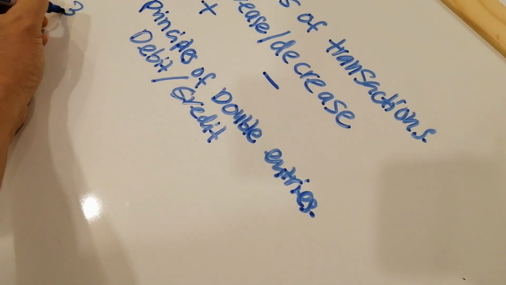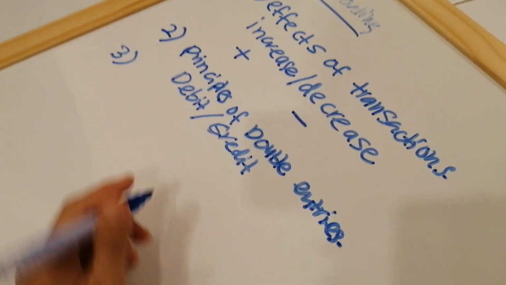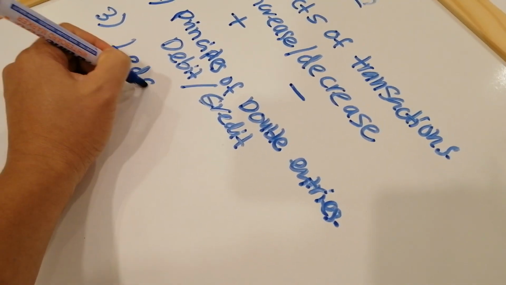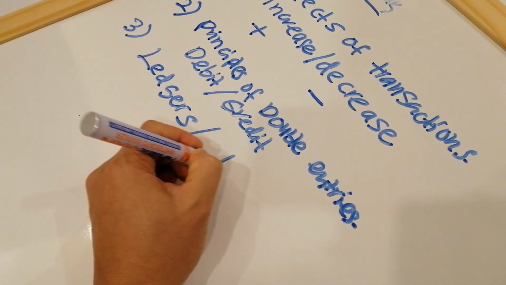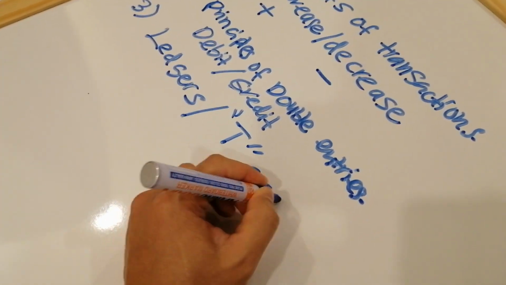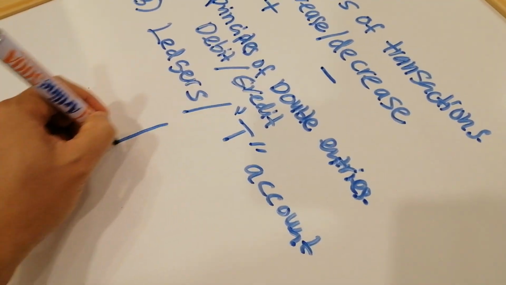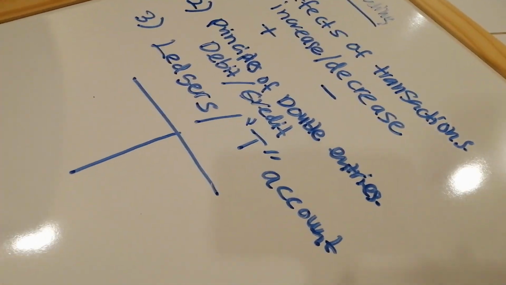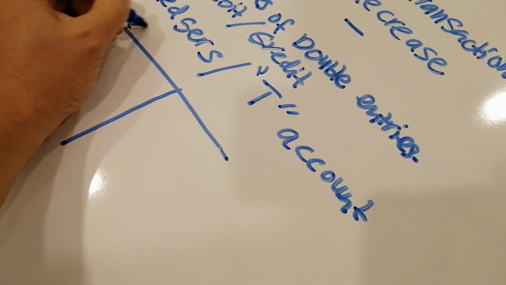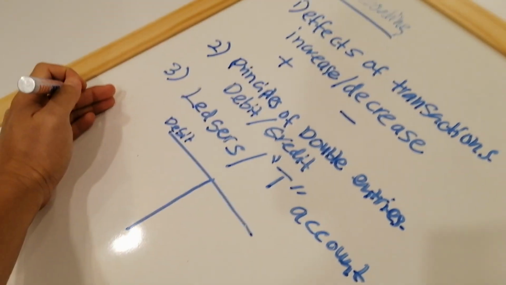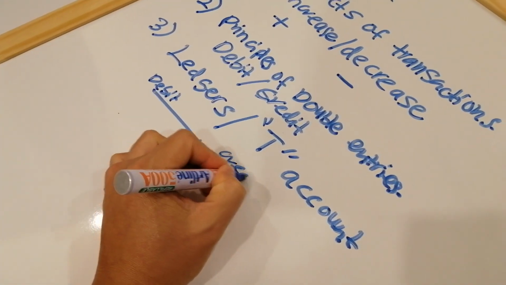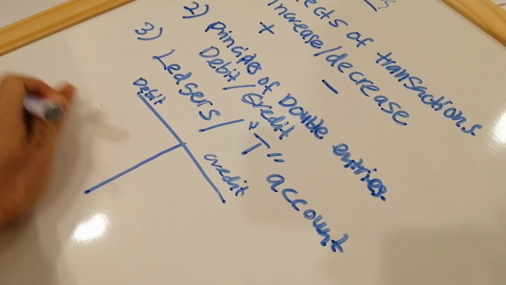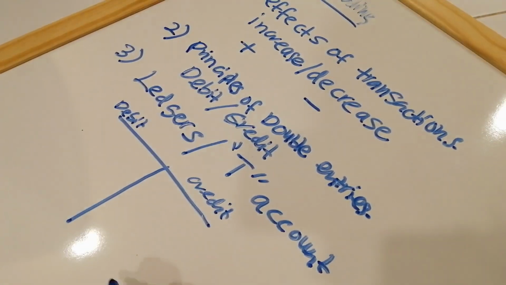Okay, and under the recording part, I will explain as well how to transfer this debit and credit to ledgers or the account. This is the form of the account I showed just now. Basically the account, I told you already, the left side is debit and the right side is credit. Basically, two sides only: debit, credit, debit, credit.